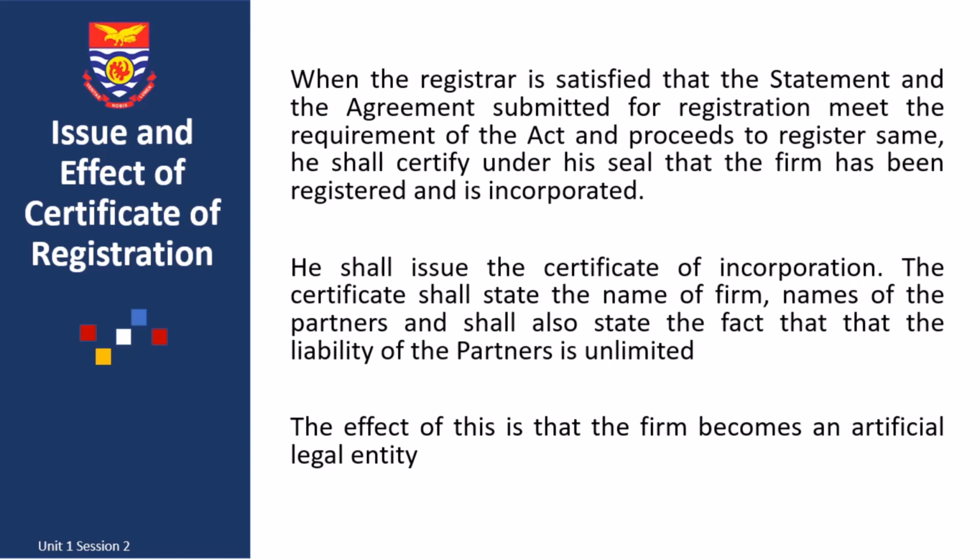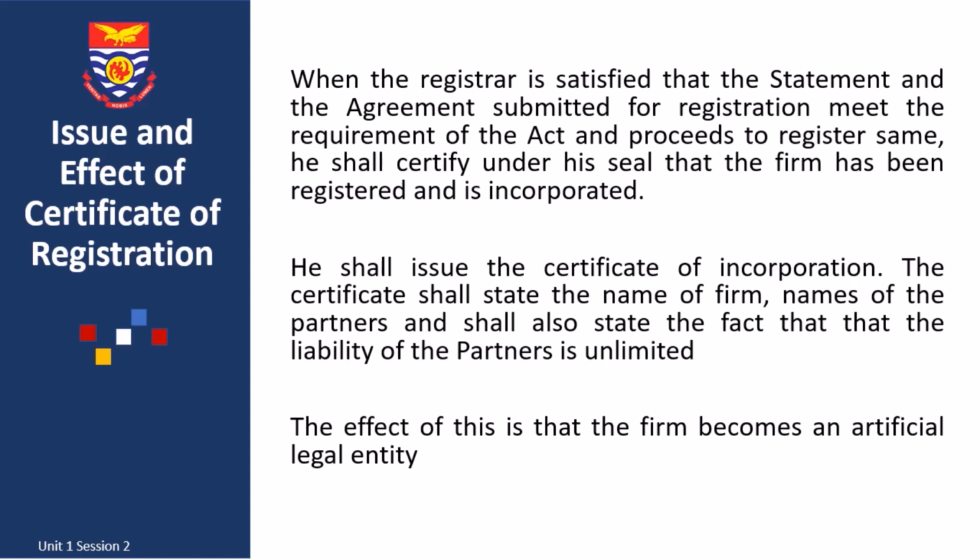Once that is done, the registrar will publish the name of the partnership firm in the Gazette. The registration or the incorporation of the partnership firm is a conclusive evidence that the partnership firm has been duly incorporated and has become an artificial legal entity.